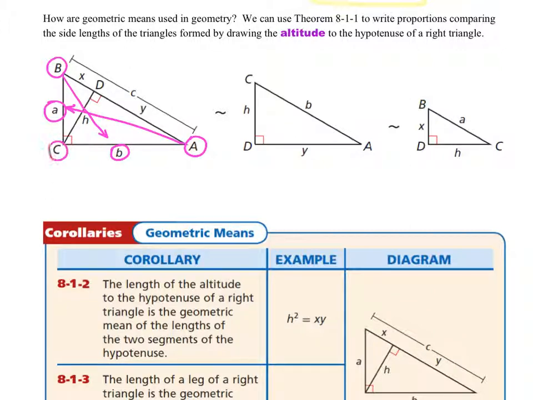Then we have vertex C, which is our right angle, directly across from the hypotenuse, which has length lowercase c. So it's just a reminder that this is the way that we name triangles, and you're going to be using this throughout pre-calculus and beyond. So I wanted you to know that naming convention.